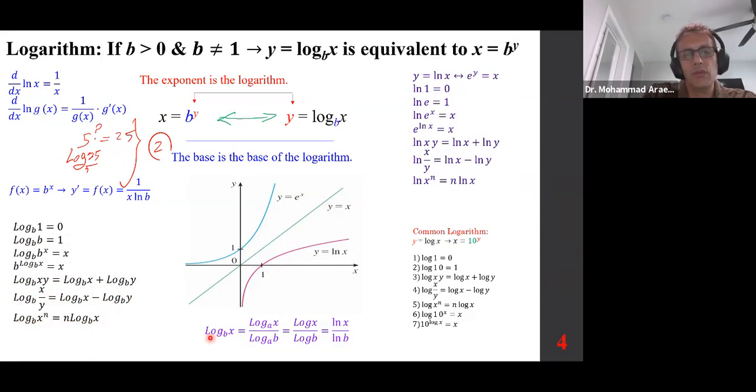And down here we have what's called the change of base formula, meaning if you're interested in evaluating log x with some base, we can use log x over log b and choose any base such as a, or if we don't write the base, it becomes a common log, the base is 10.